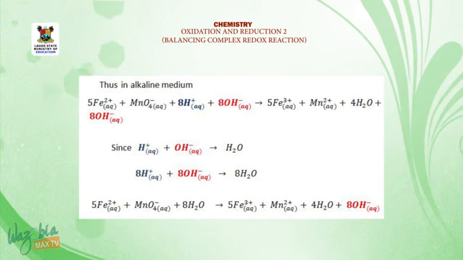Now, since hydrogen ion and OH minus will give water, 8 hydrogen ion plus 8 OH minus gives us 8 water.